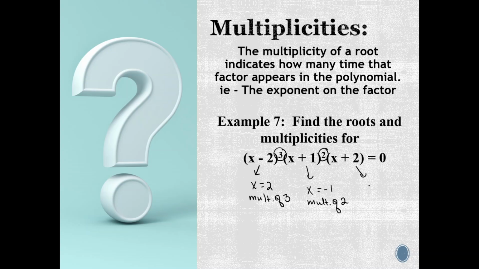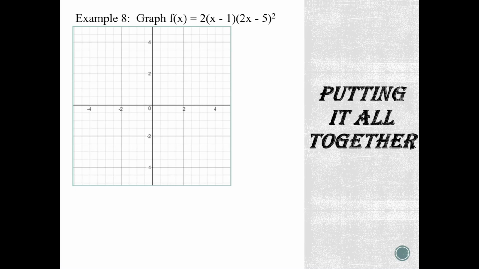And then finally, I have x equals negative 2 with a multiplicity of 1 because there's only one factor of x plus 2. So altogether, I have 6 roots because it was a degree 6 polynomial. Okay, now how does the multiplicity affect the graph?